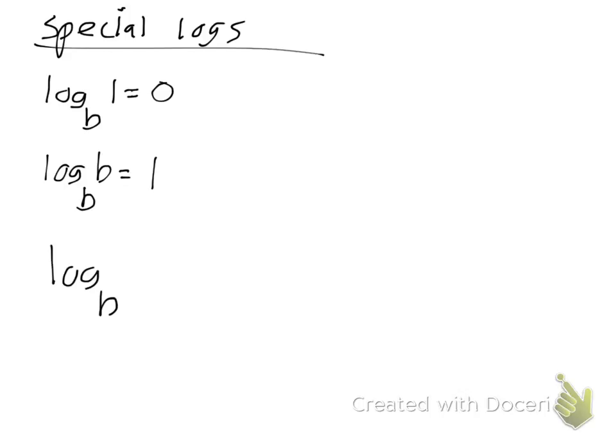Log base b of b to the n is equal to n. That's the true inverse. If these are the same, the exponent is your answer. That's going to help us with our next problem here.